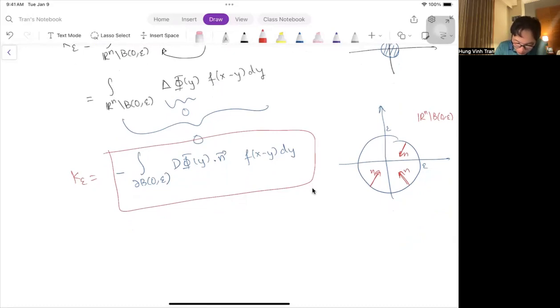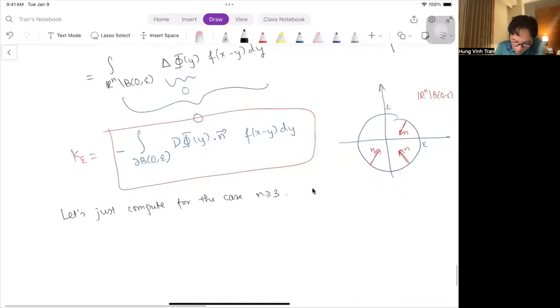Well, let's just compute for the case n greater equals to 3, as the case n equals to 2 is similar. It just takes too much time to compute.